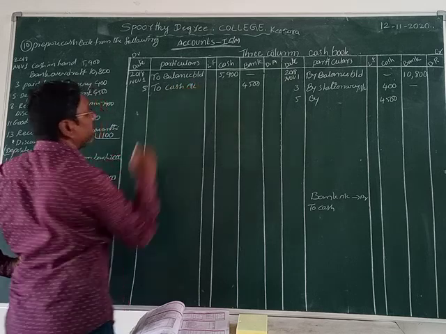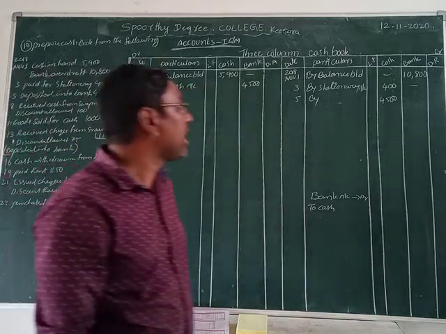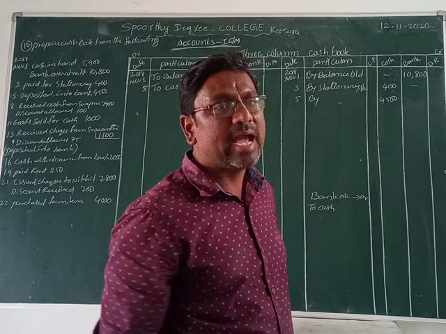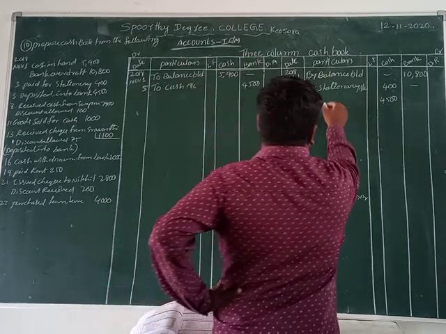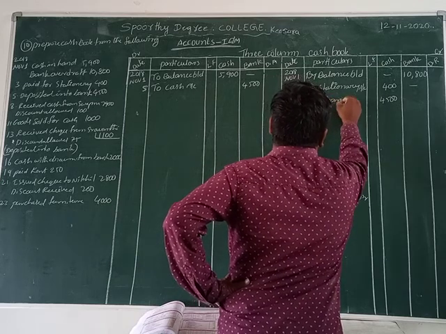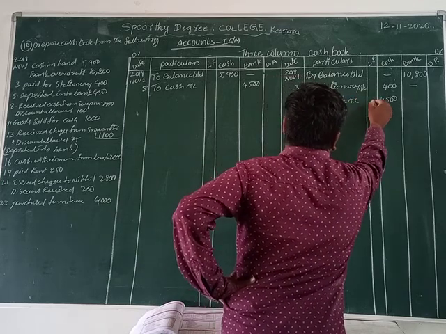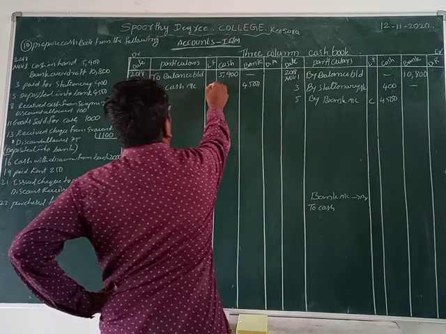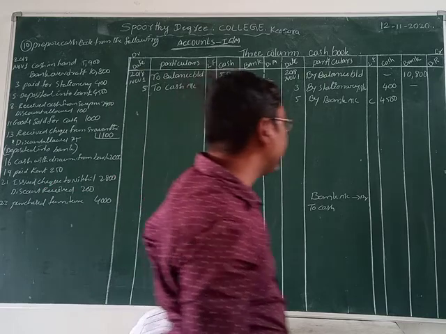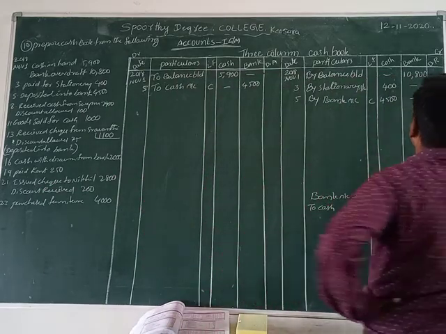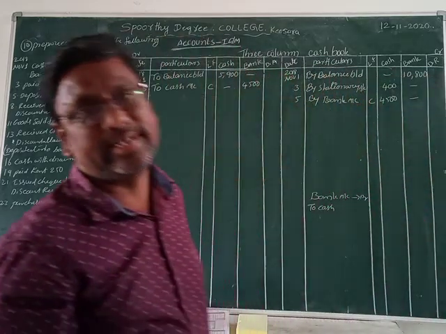Next one is what? In the cash column we record the amount. In the cash account we don't write cash now. How do we record it? By bank account. Let us write down here bank account. It is what kind of entry? It is a contra entry. Why? Because only a single transaction we record into debit and credit sides.